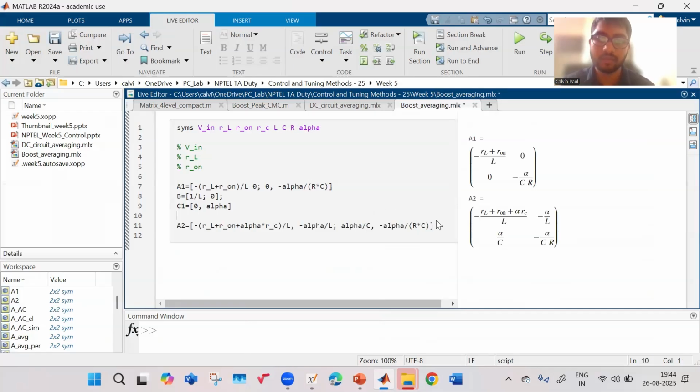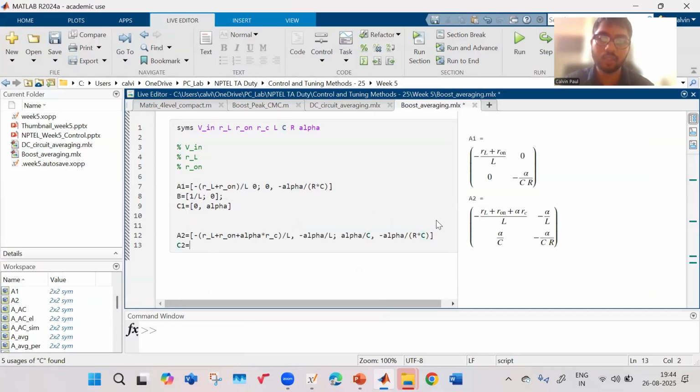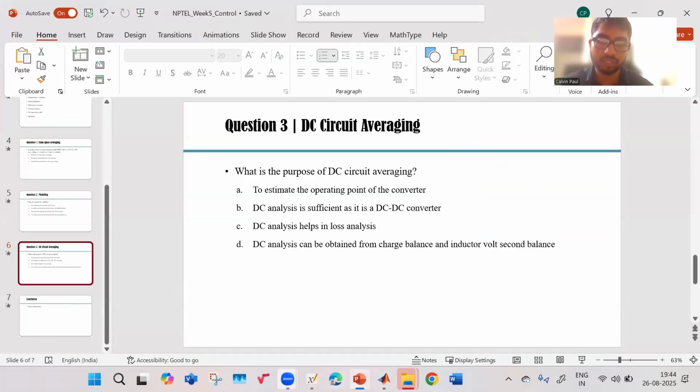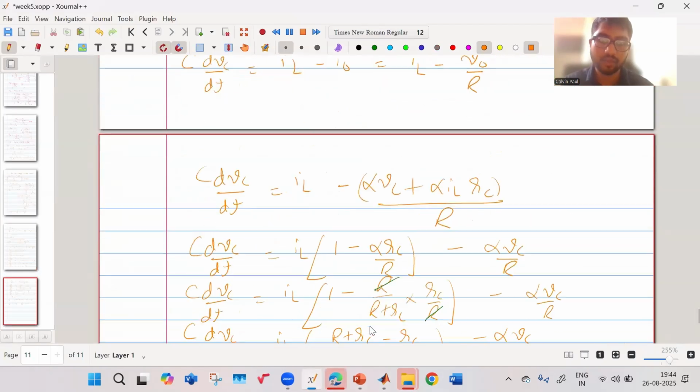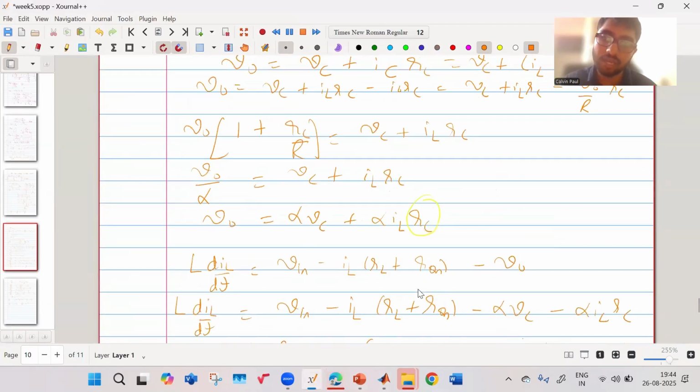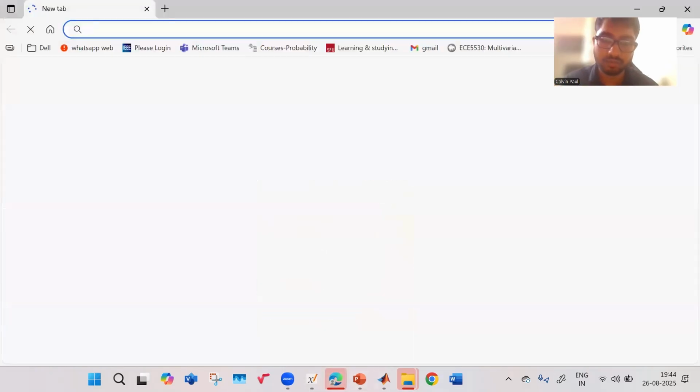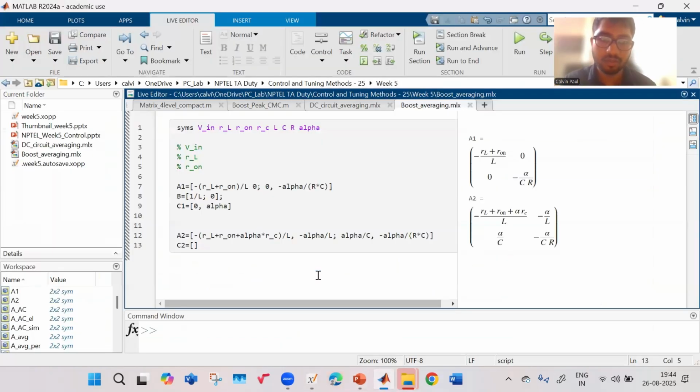While in the second mode, my C2 is equal to alpha VC plus alpha RC. So it is alpha, comma, alpha into RC. Okay, let us check them.